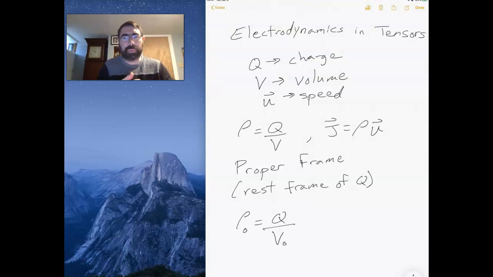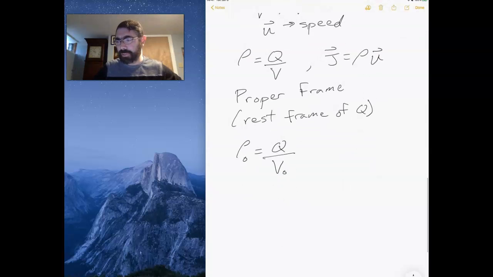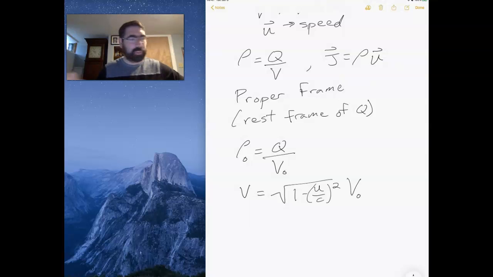Since V0 is made of lengths, the length contraction is going to modify V. That length contraction is essentially going to give you this times V0, which means I can write down the charge density as rho 0 times gamma.